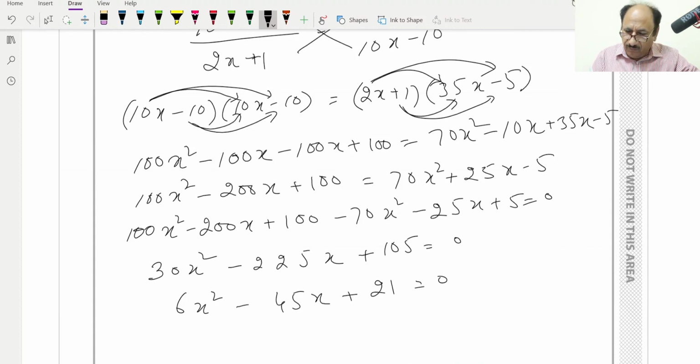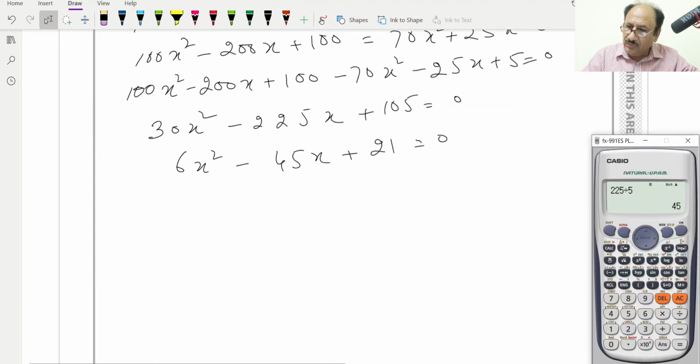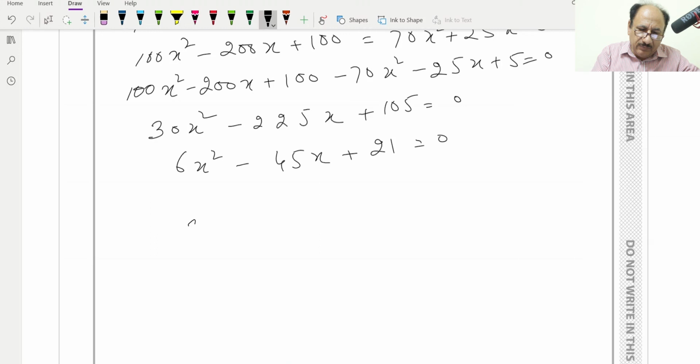Now we can factorize this. We can take 3 common, and this will be 6 as the coefficient of x squared, minus 45 as the coefficient of x, and 21 is the constant value. So we can write x minus 7 and 2x minus 1 is equal to 0.